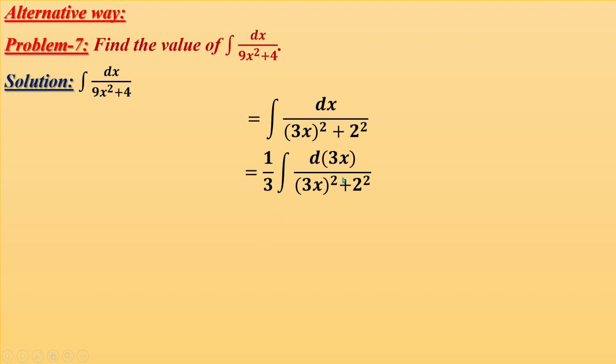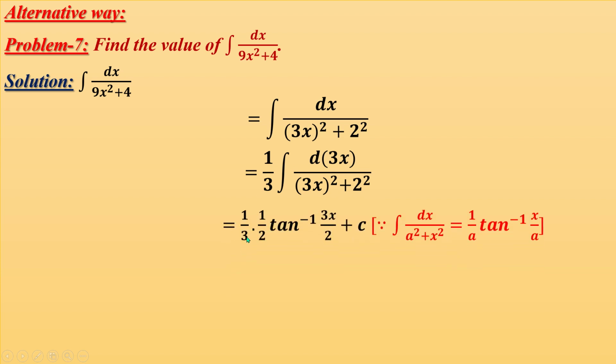Now 1 by 3 into dx by x square plus a square equals 1 by a, where a is 2, tan inverse x by a. That means 1 by 3 fixed, 1 by 2 into tan inverse, x meaning 3x by 2, plus c. Now calculating, we get 1 by 6 tan inverse 3x by 2 plus c. This is the required answer.